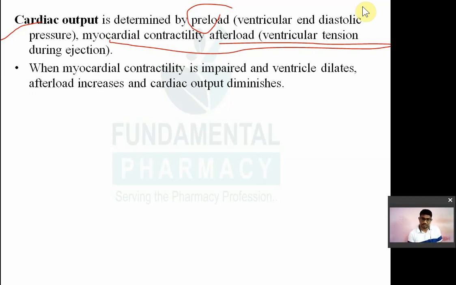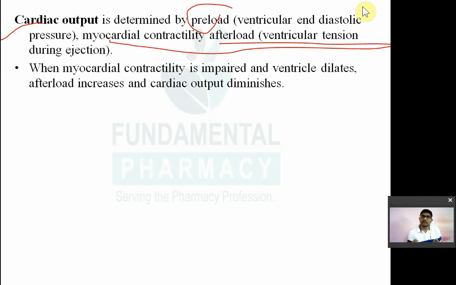Okay, so cardiac dilation will occur because of that decreased myocardial contractility, and because of that decreased myocardial contractility your cardiac output will also decrease. Okay, and with the decrease in cardiac output, dilation of your heart, and increased afterload, then due to increased venous return, what happens in the pulmonary vein?